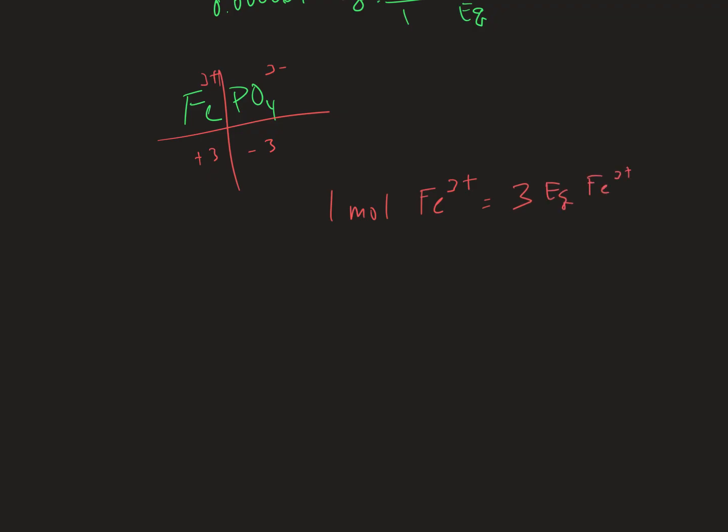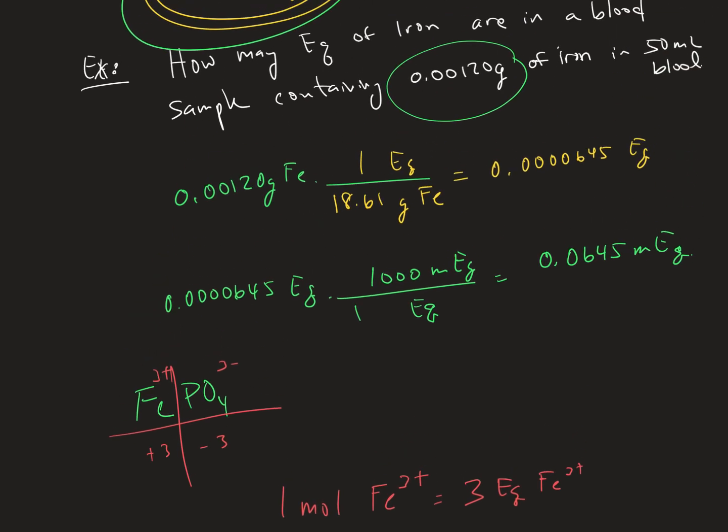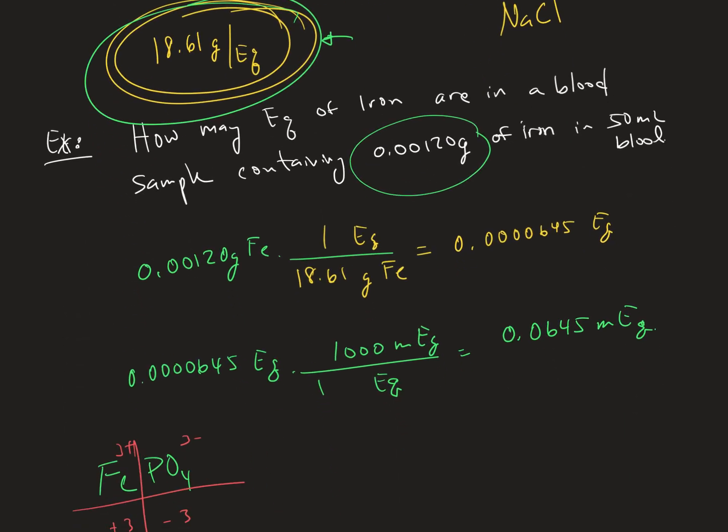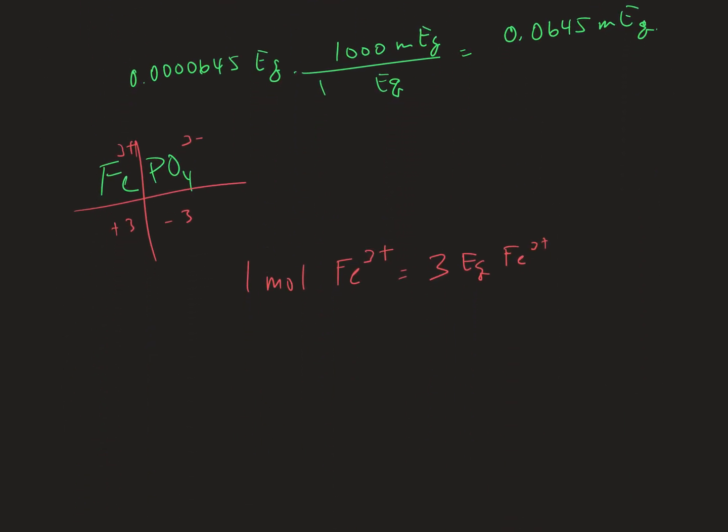Because when we did it over here, this is grams per mole. The mole's on the denominator, right? So I had to make sure I had that straight. And if it was 1 mole of chloride, there would be just 1 equivalent of chloride.